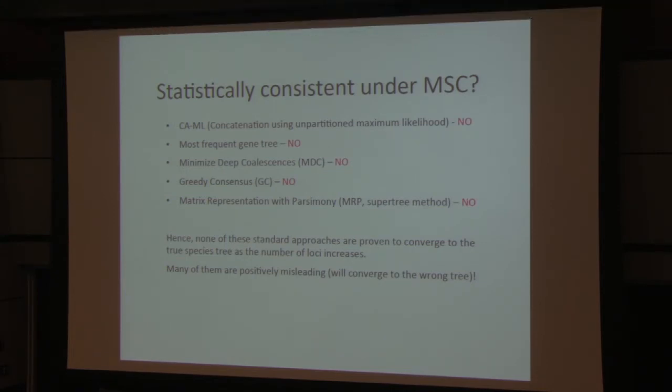Not a good choice. That can give you the wrong tree with probability going to 1. I mean, that's a big problem. All sorts of consensus methods won't give you the right thing. So nothing that anyone was coming up with was working. Okay? And in particular, I want to talk about this most frequent gene tree thing not working.